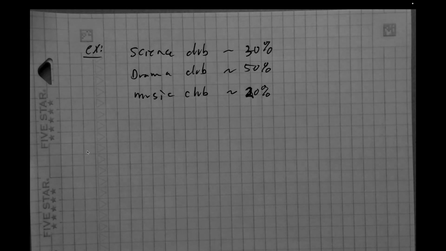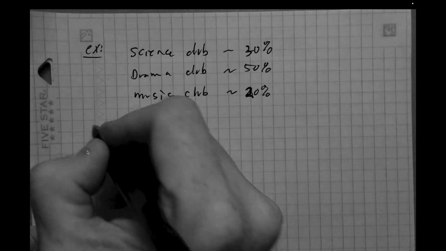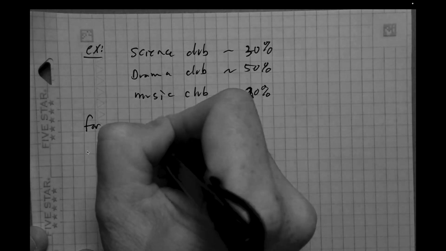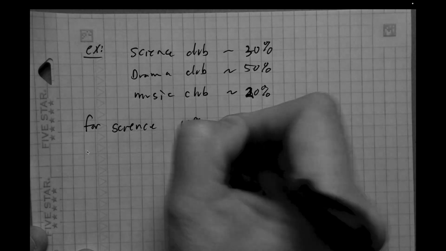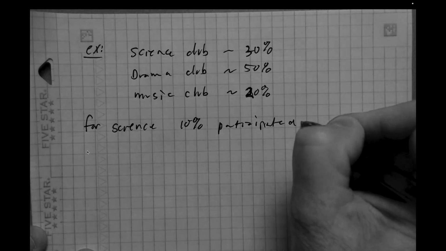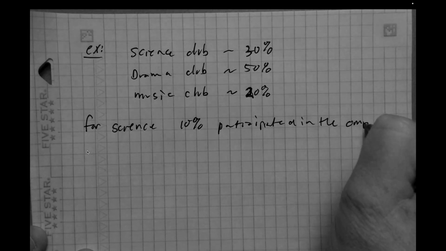So what do we know? Well, we know that in the science club, 10% participated in the competition, right? So for science, 10% participated in the competition.